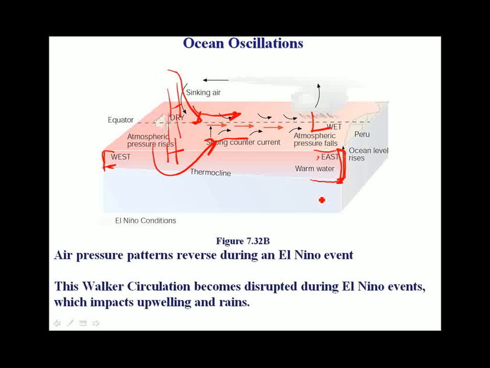There are some very nutrient-rich materials deep in the ocean that some of the fish swimming around at the surface can no longer access. And so fish begin to die. In fact, the anchovy industry takes a huge hit during El Ninos, and so it affects the local economy there. Those of you that are interested in economics, El Nino affects that also.